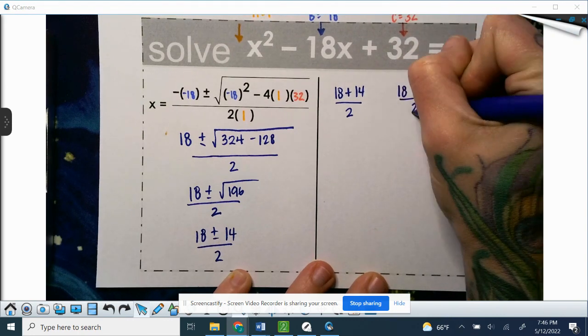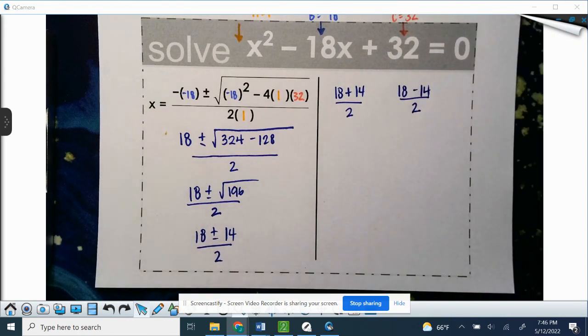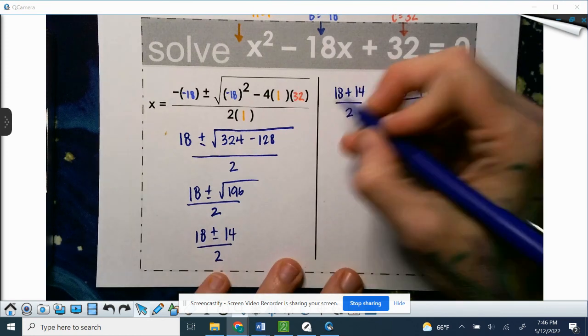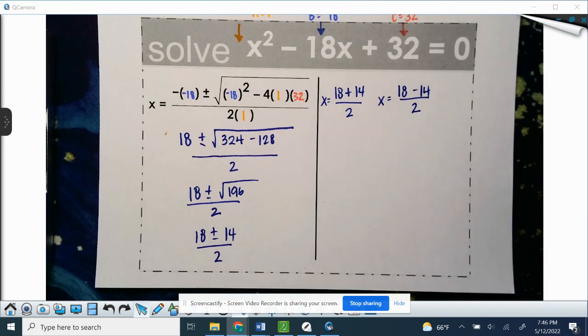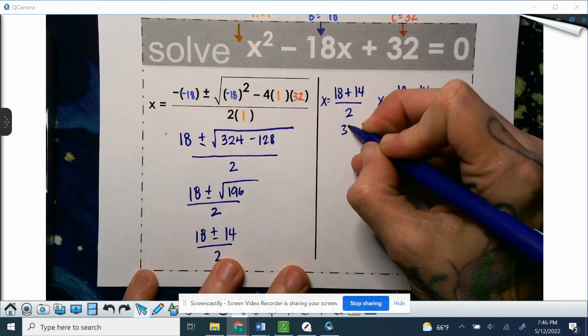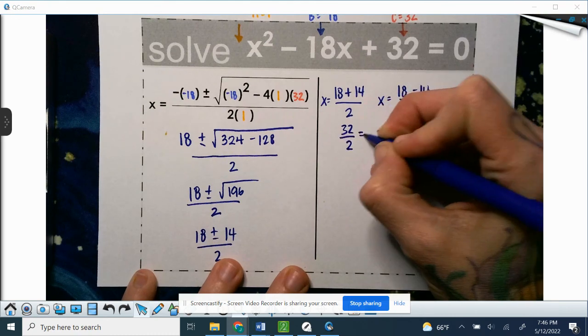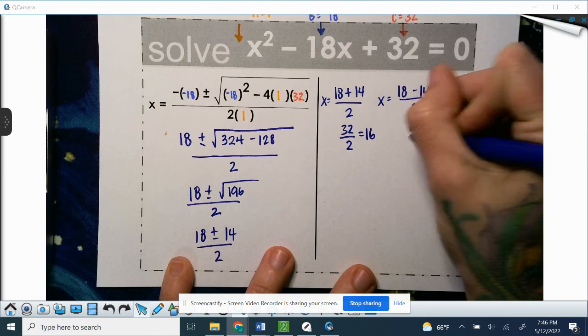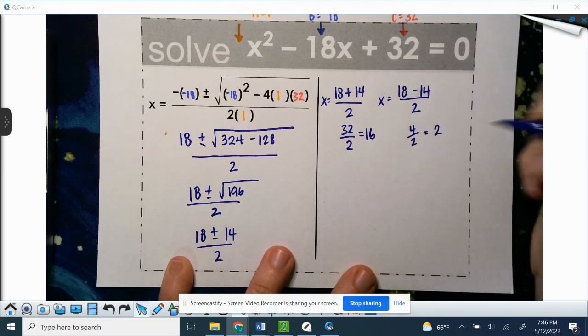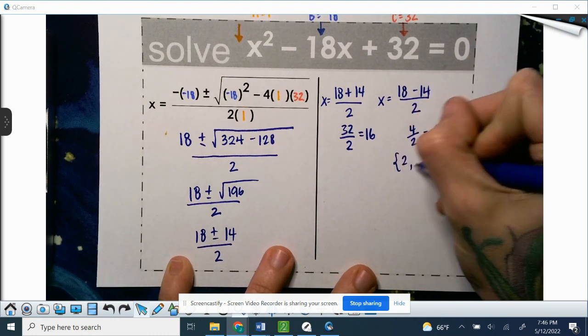We are solving for our x values at this point. 18 plus 14 is going to give us 32. Divide that by 2, we get 16. 18 minus 14 gives us 4, divided by 2 gives us 2. So our solution set is 2 and 16.